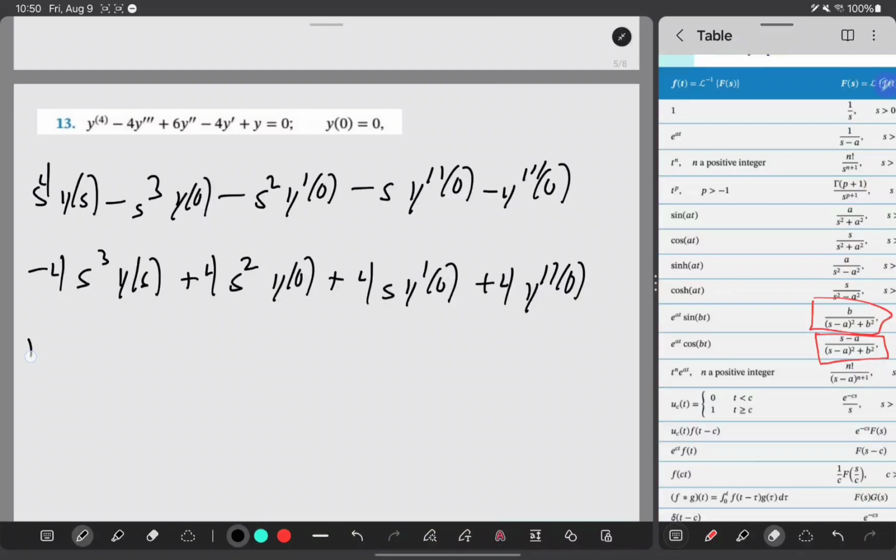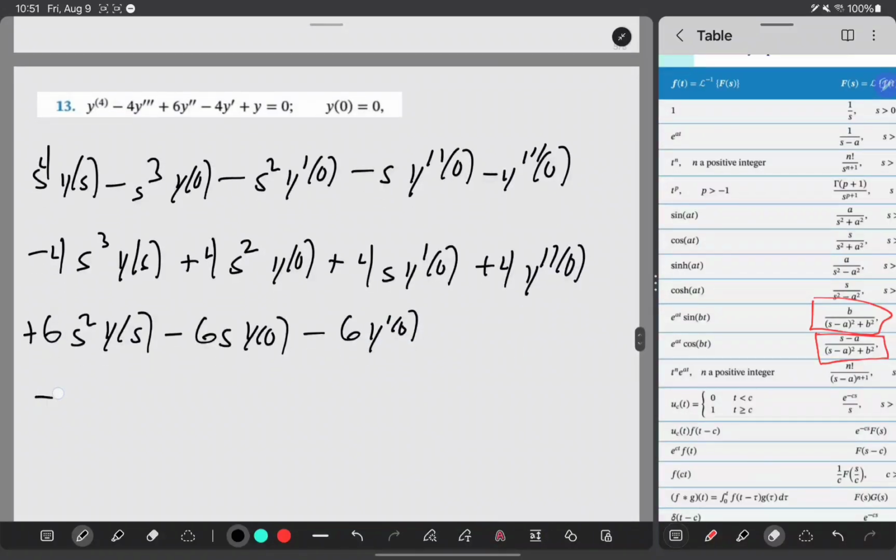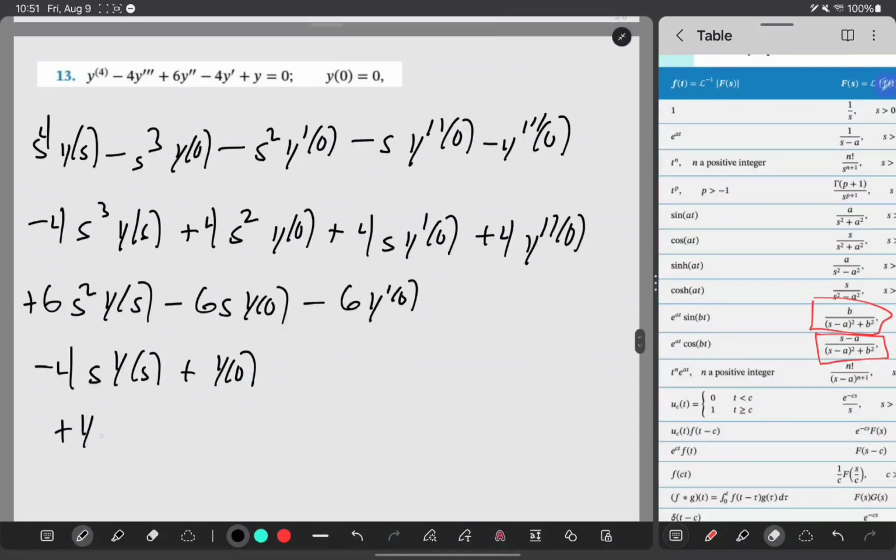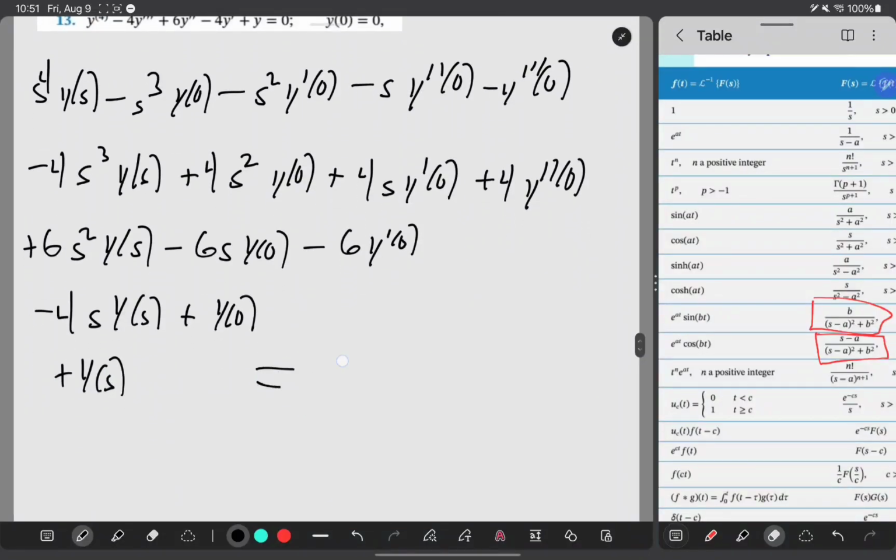Next term. S squared y of s. Minus 6s y0 minus 6 y prime of 0 minus 4s y of s plus y of 0 plus y of s is equal to 0.